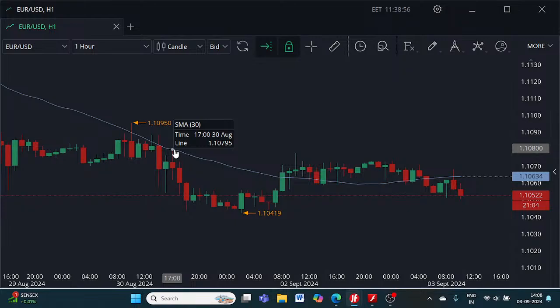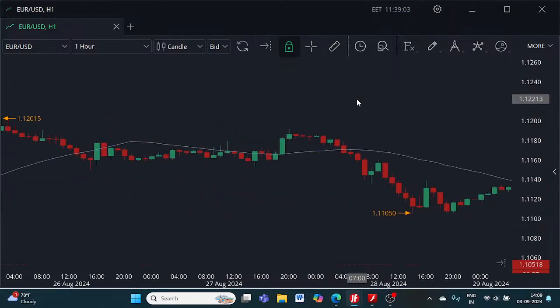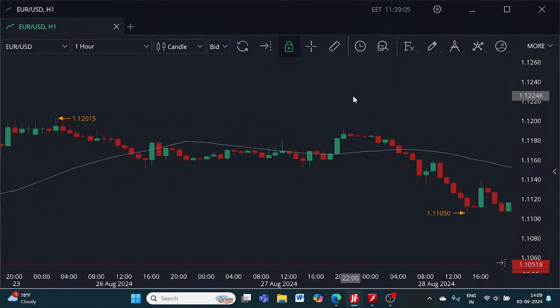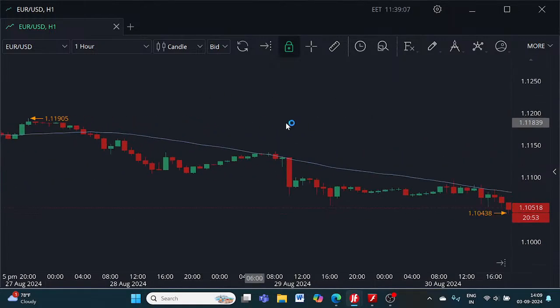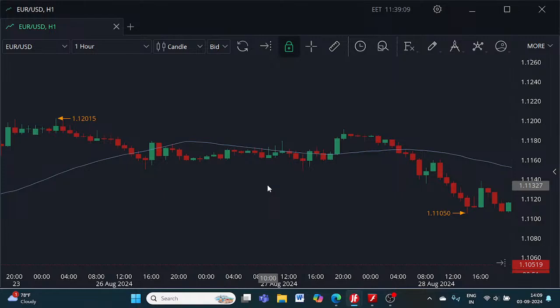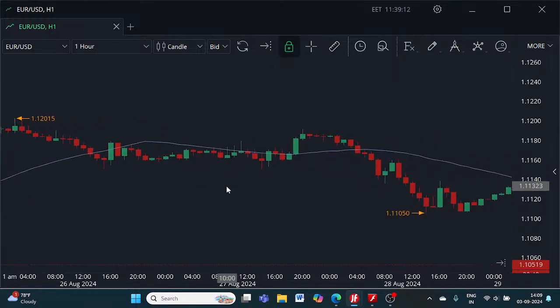So that's how we get the SMA, simple moving average. If you consider the SMA of the Euro USD with each candle period defined at hourly, it has been downward sloping for a while now since the last week of last month.